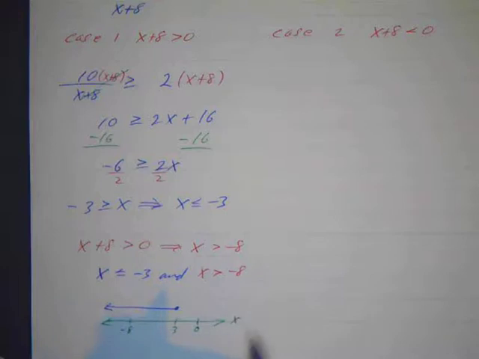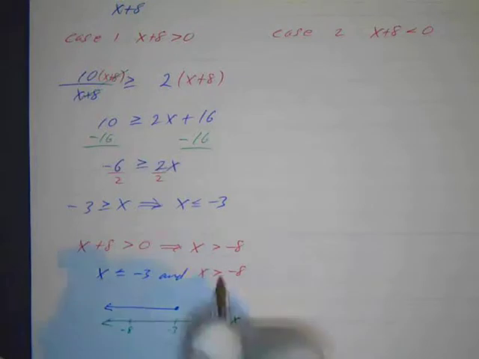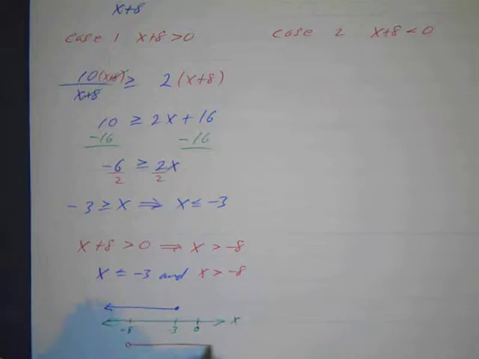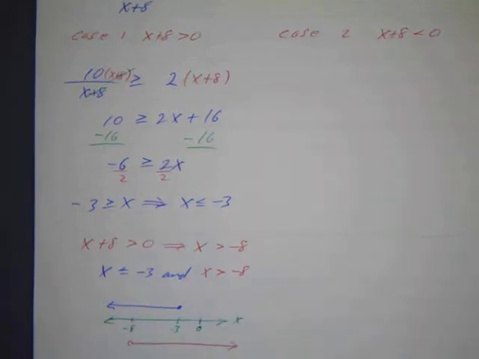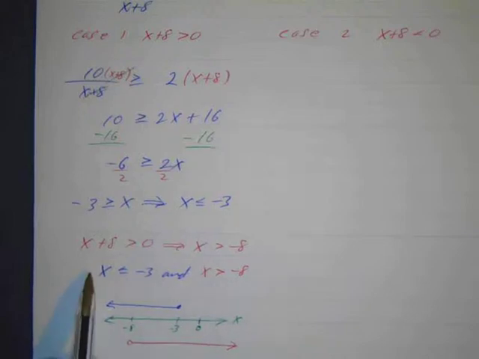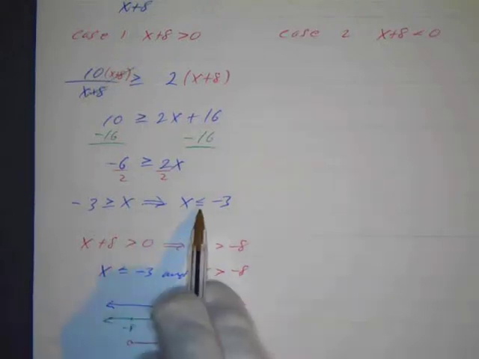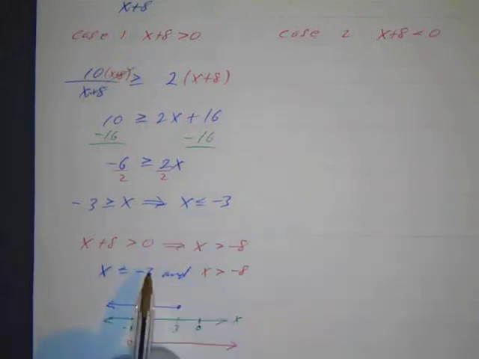And x is greater than negative 8. So I'll put a circle there. All right, this is what we've got. So double check this, please. X is less than or equal to negative 3, and x is greater than negative 8.